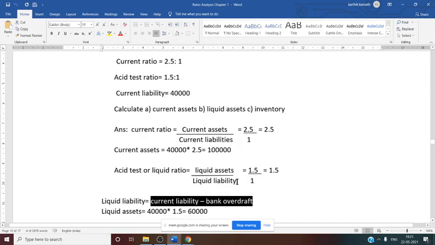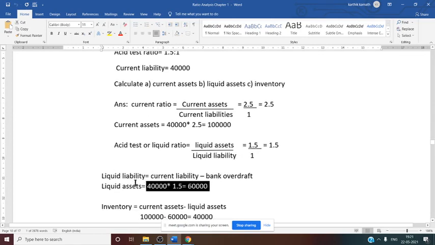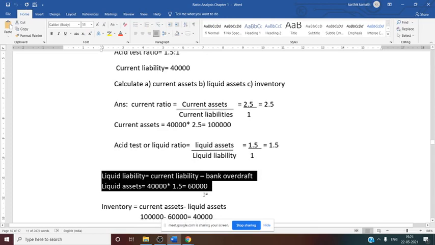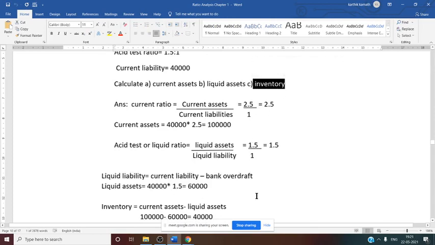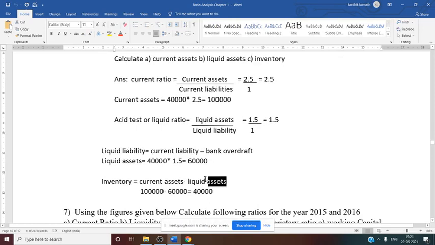Again we do cross multiplication. Liquid asset into 1 is equal to liquid liability into 1.5. So liquid asset is 40,000 into 1.5, that is 60,000. We got the liquid asset answer. Now inventory, which is nothing but stock or closing stock.